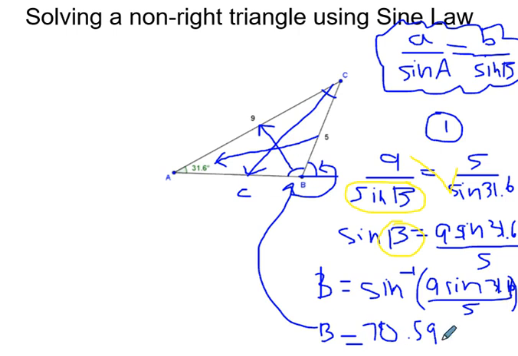To really find the measure of your angle B, you have to do 180 minus 70.59. So you have to be careful and always check that the angle that you get makes sense. Otherwise, it's going to be tricky, especially when it's an obtuse angle.